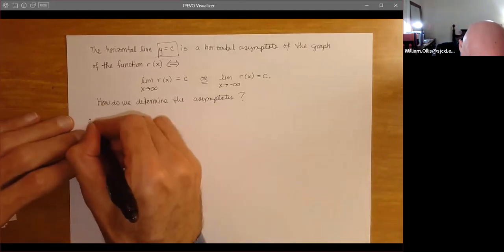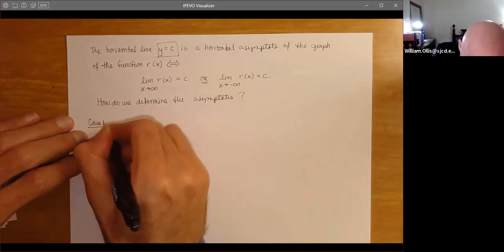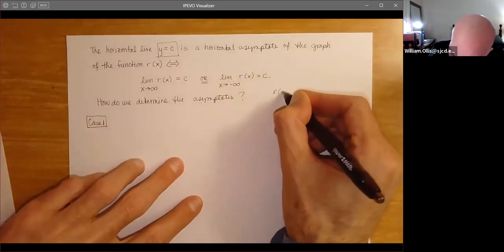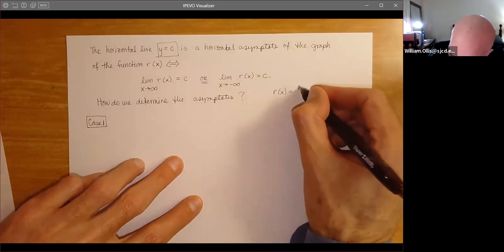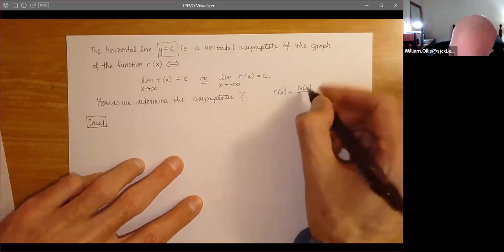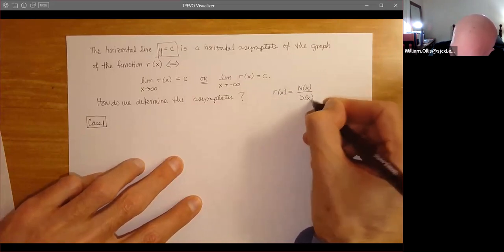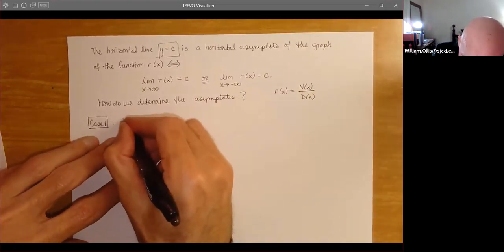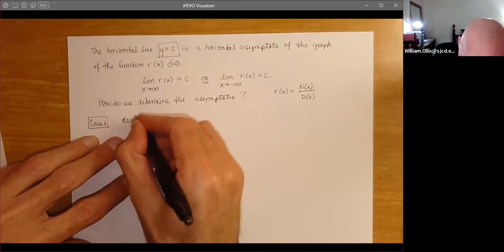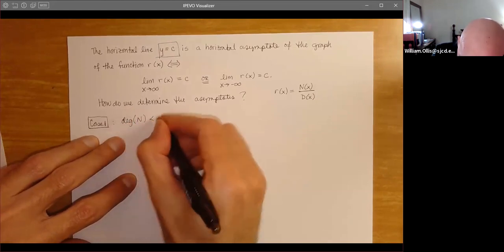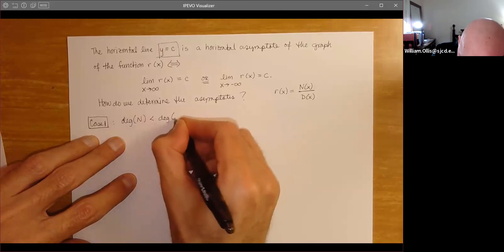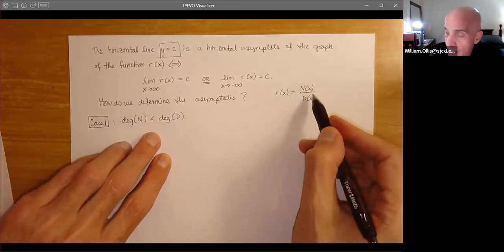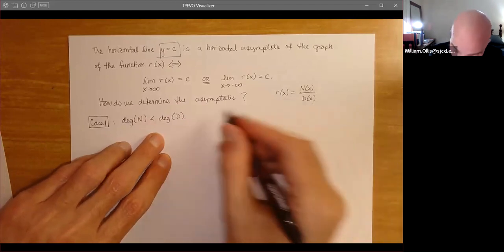Okay, for case one. Now, just to think about this, remember R of X equals the numerator polynomial divided by the denominator polynomial. And so in the first case, we have if the degree of N is strictly less than the degree of D. That is, the numerator degree is less than the degree of the denominator.